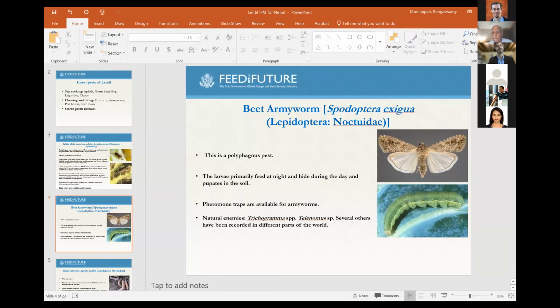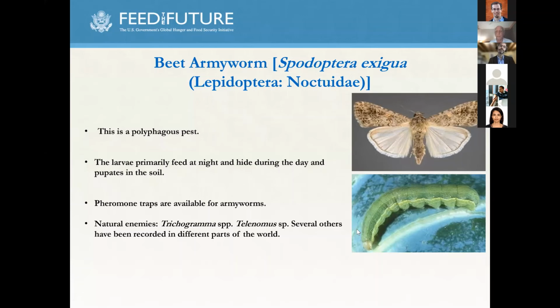Thank you. Which one do I click? Lentil for Nepal. Great. Now we see beet armyworm, and it is in presentation mode. Yes, okay.